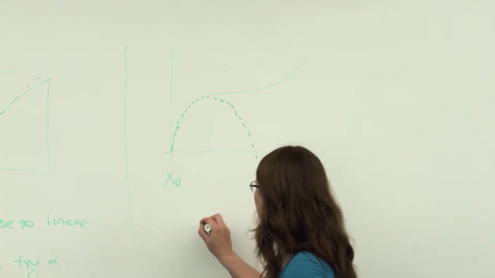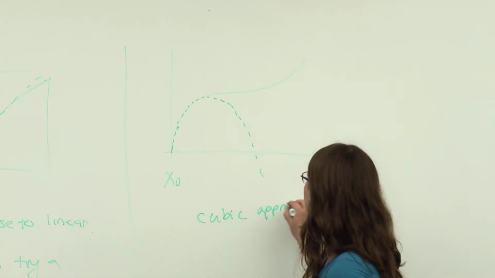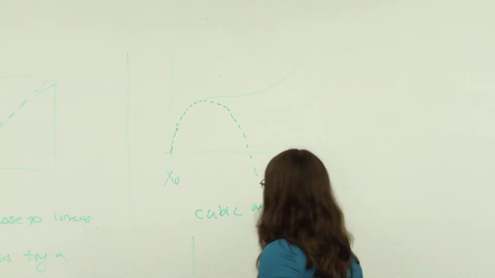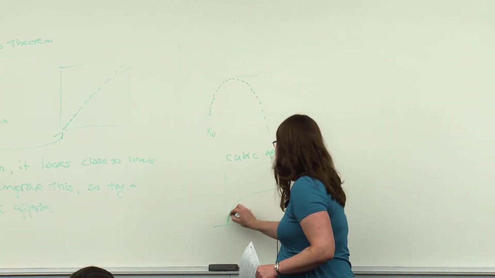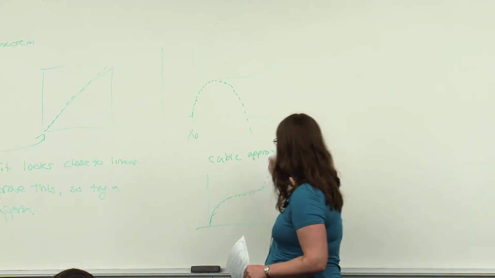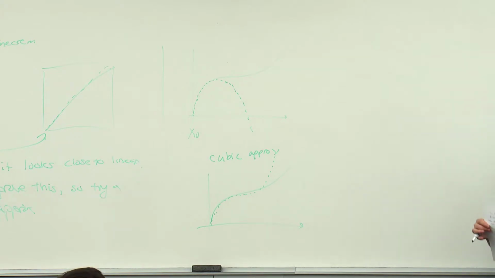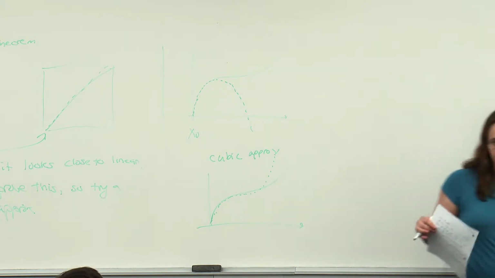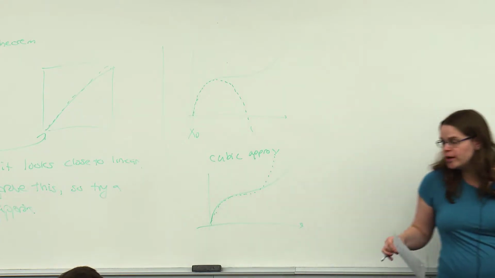So if we try to do a cubic, so here's my function. A cubic approximation might do something like this. And again, it might track this even better. That's what we're hoping. By introducing more degrees of freedom into our approximation, more terms into our approximation, we can do a better job.